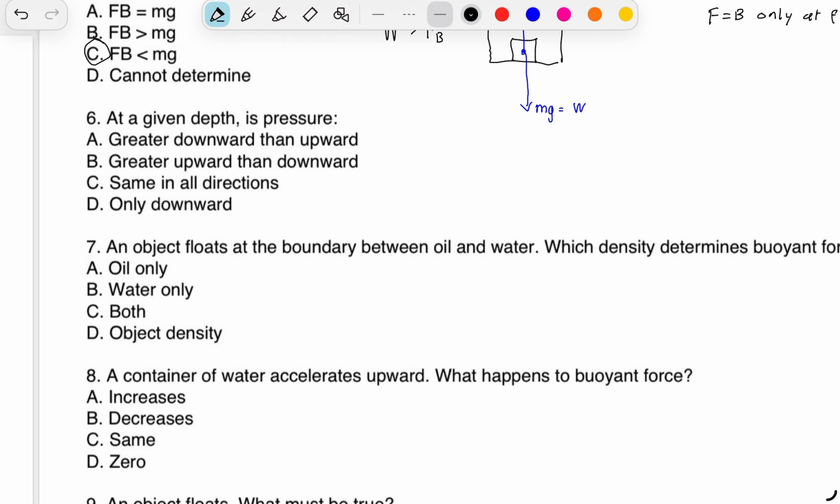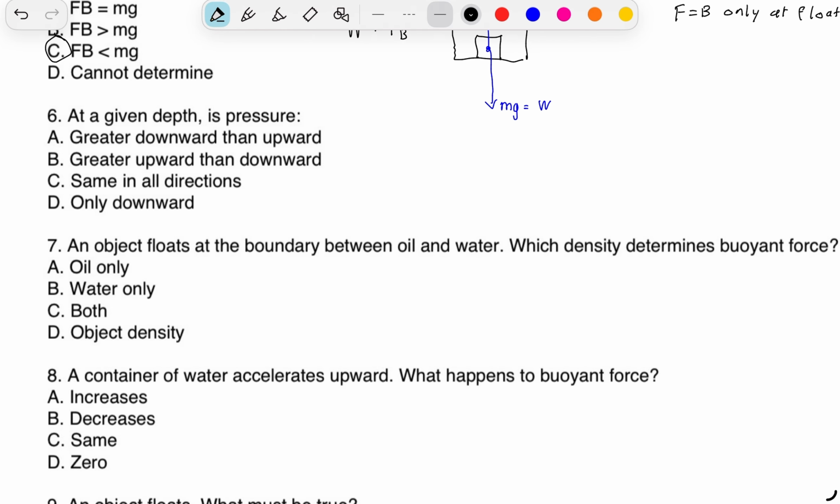At a given depth, your pressure is what? You have to remember pressure is isotropic. What that means is it's going to be the same in all directions.